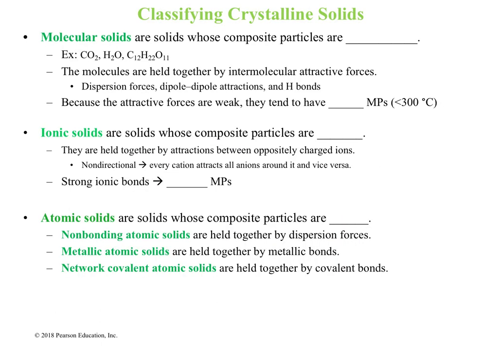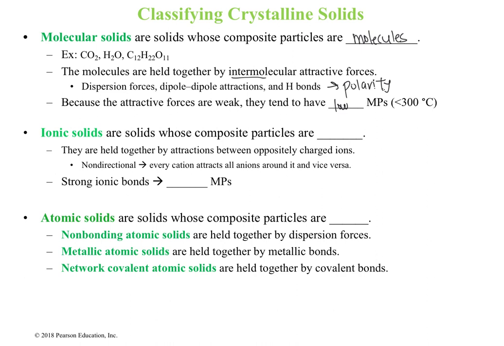So molecular solids are particles that are made up of molecules, individual molecules. So they're held together by IMFs, such as dispersion, dipole-dipole, and hydrogen bonding, depending on the polarity. Those tend to be weak, so they tend to have low melting points.